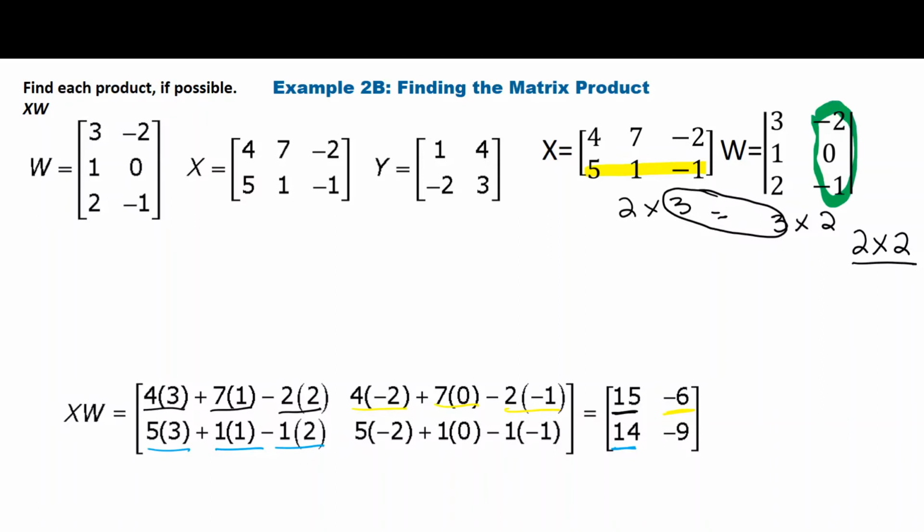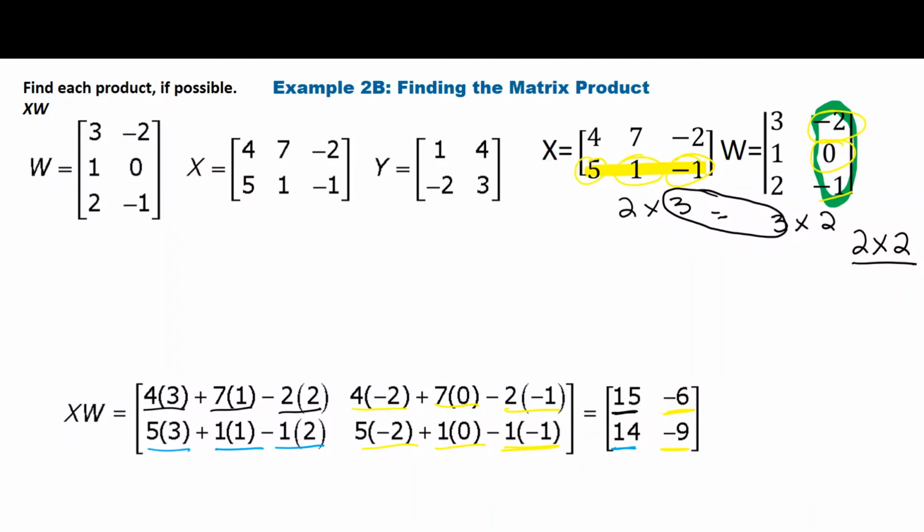All right, and then we just start multiplying through. 5 times negative 2 plus 1 times 0 plus negative 1 times negative 1. And when we multiply and add all that, negative 10 plus 1 is, let's see, that's negative 9. Minus 1 is negative 9. So here's our new matrix.